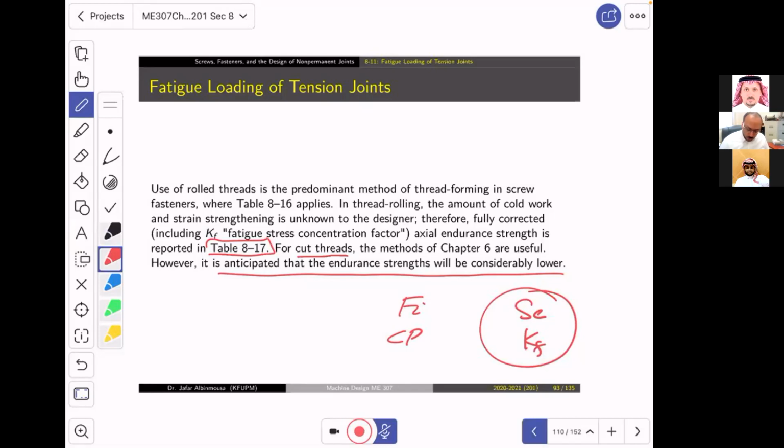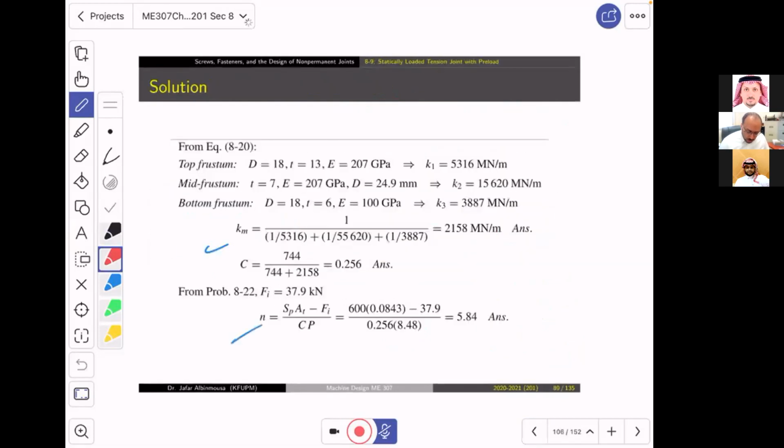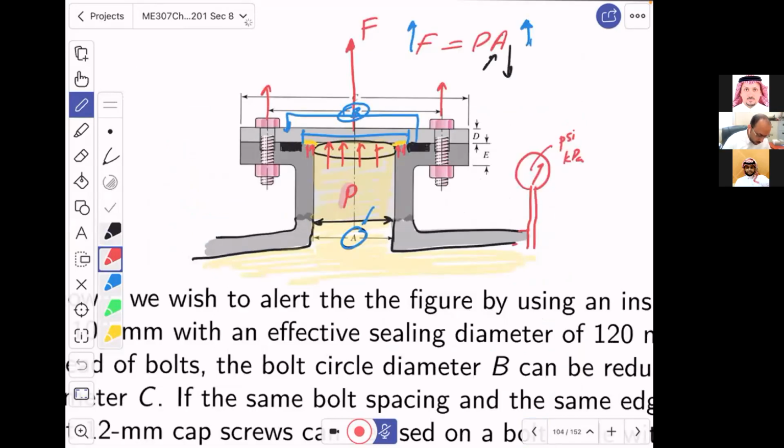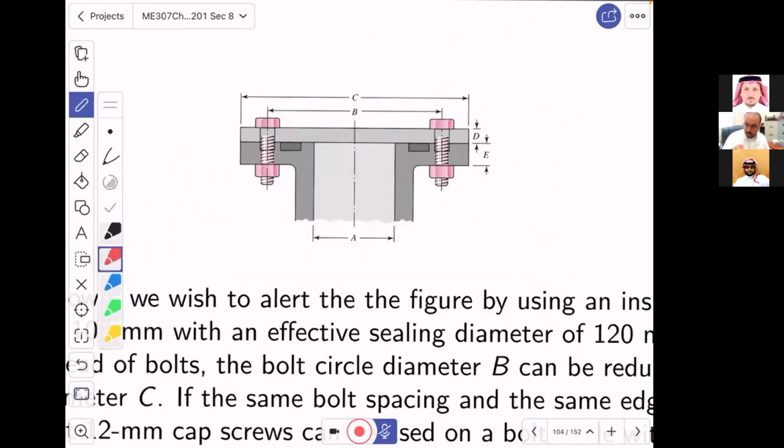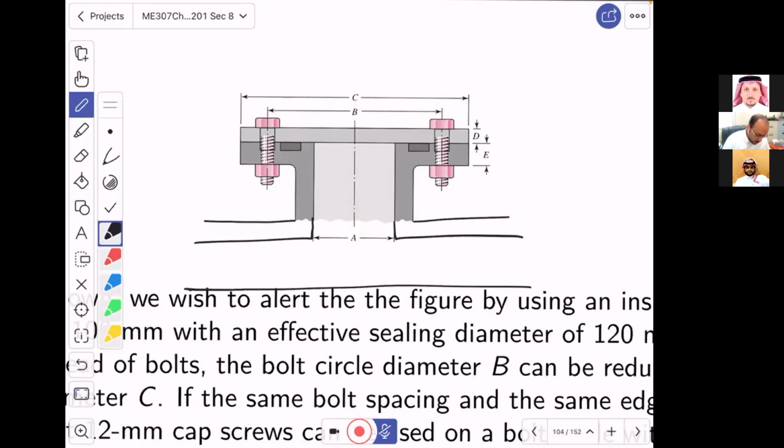Now, what I want to do is to tell you, if we come back to this example, okay? What I want to explain to you, think of it as follows. You can think of this as the pipe now. What do we have?